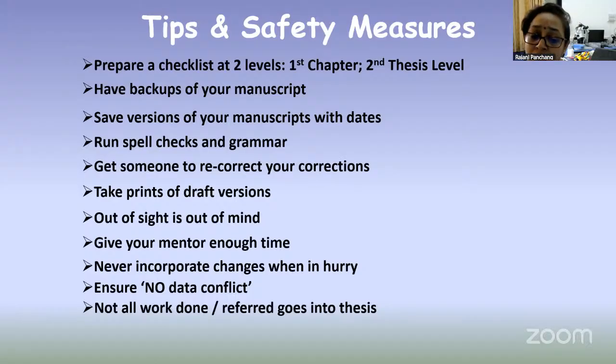Not all work done goes into the thesis. Remember, you may have generated, let us say, 10 kgs of data. But some of that data is conflicting. It is negating your hypothesis. It is diluting your strength. Such data needs to be removed. It weakens your hypothesis. It weakens your findings.